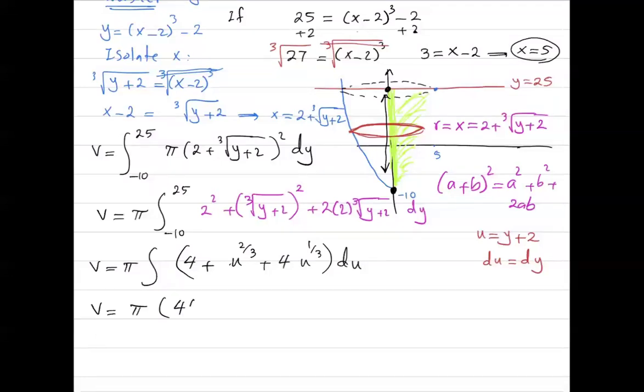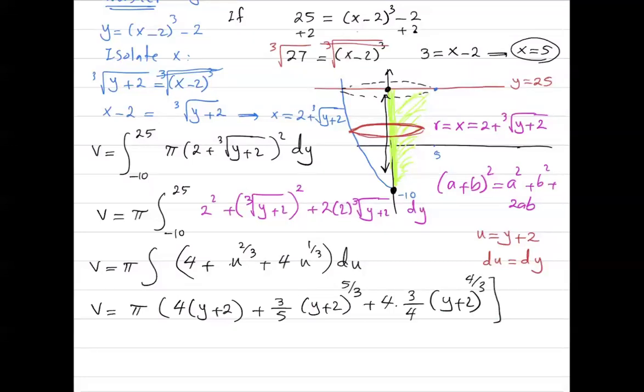So you get 4 times (y plus 2) plus, if you add 1 here, you get 5 divided by 3, or 3/5 (y plus 2) to power 5/3, plus 4 times, if you add 1 here, you get 4/3, or 3 divided by 4 of (y plus 2) to power 4 divided by 3, and y ranges between -10 to 25. Okay, perfect. We have a lot of algebra to do.